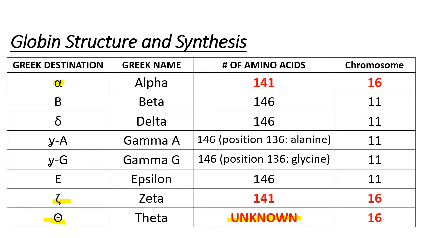Sa chromosome number naman, lahat makikita sa chromosome 11 except alpha, 16 yan, zeta, 16, and theta, at chromosome 16. So, madaling tandaan, lagi ang exception dyan is alpha, zeta, and theta.